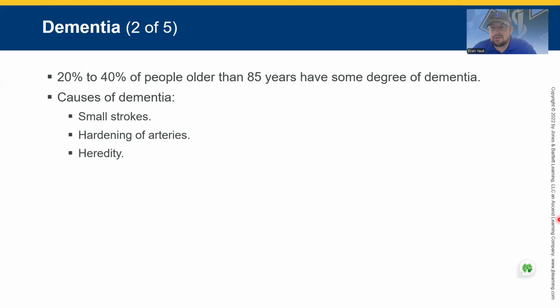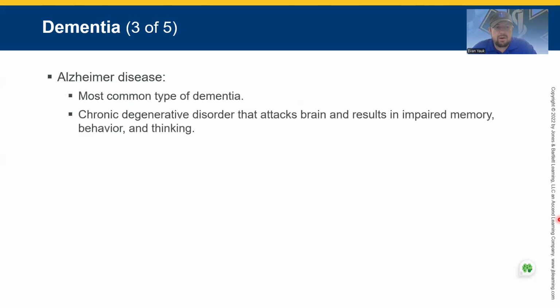Causes of dementia are small strokes, TIAs, hardening arteries, and it can be hereditary. Alzheimer's disease is the most common type of dementia, a chronic degenerative disorder that attacks the brain and results in impaired memory, behavior, or thinking.